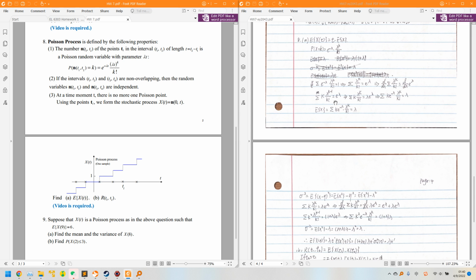We take the lambda into this part, and finally we can get this equation, which is the expectation of X.